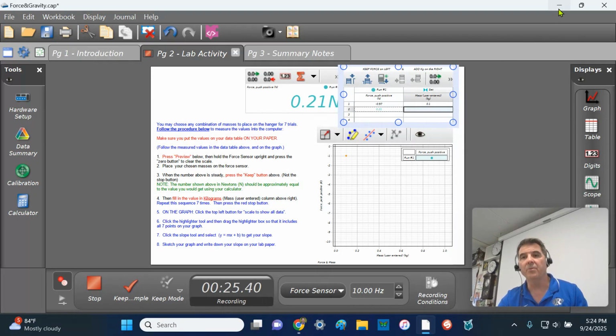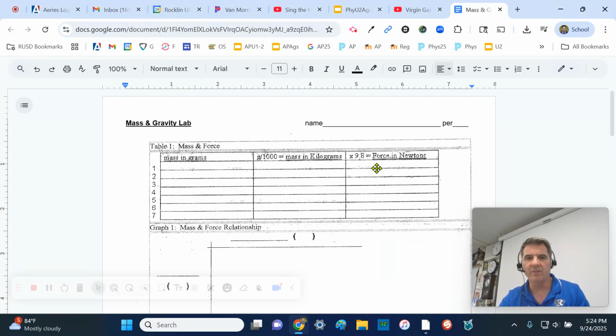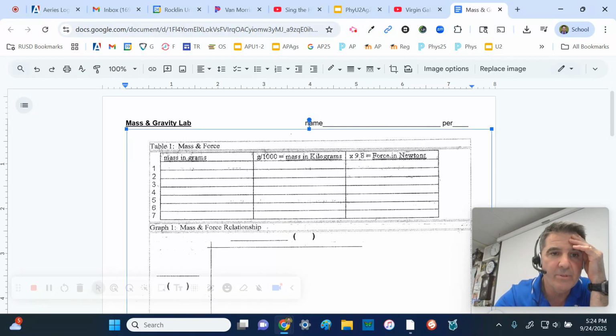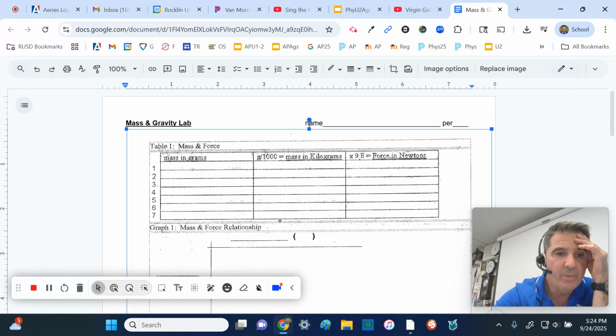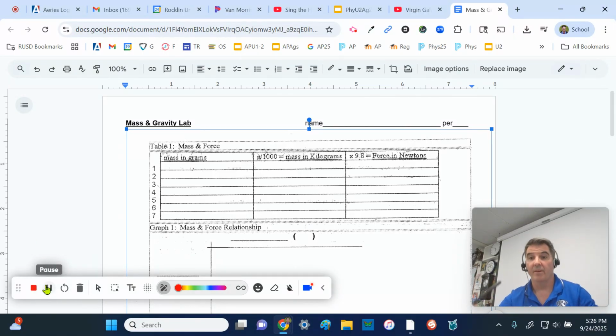What we're going to do right now is plot that. So the mass in grams is, come on, give it to me. Where is my pencil? I'm going to pause this and find my pencil. Okay.